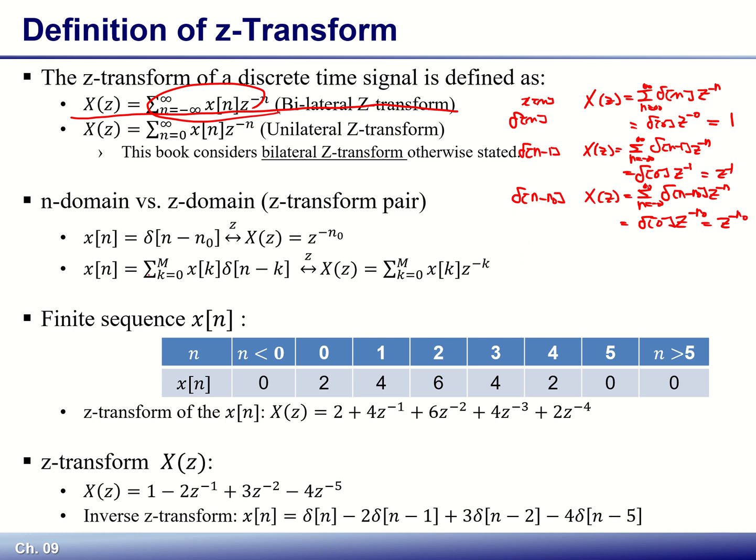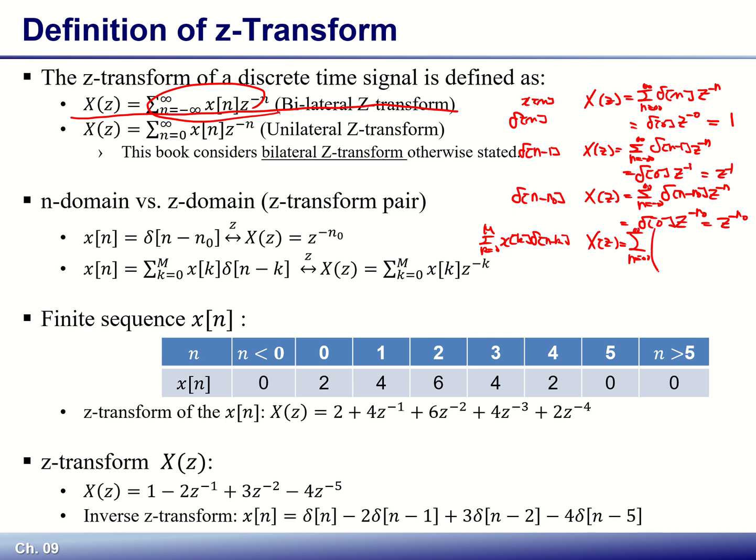If x[n] is a weighted sum of delta[n], then X(z) can be expressed as the sum over n from minus infinity to infinity.